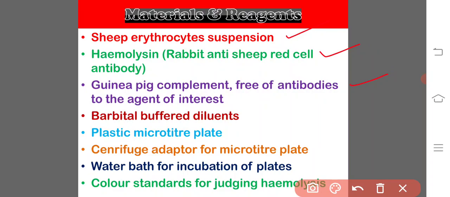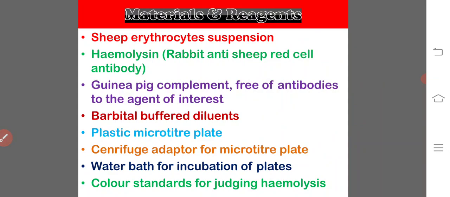Then barbital buffered diluent, plastic microtiter plate, centrifuge adapter for the microtiter plates, water bath for incubation of the plates, and color standards for judging hemolysis, that are prepared by lysing various concentrations of red blood cells. These are the materials we will use in the complement fixation test.